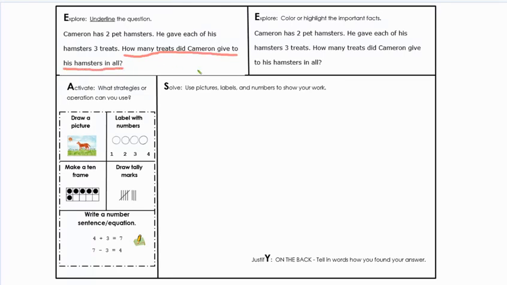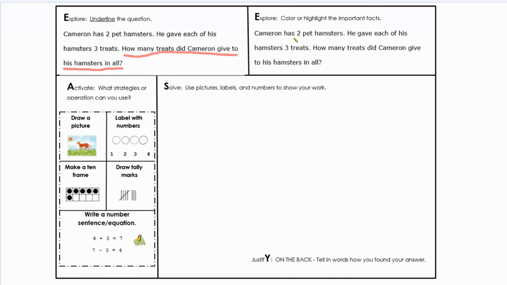Okay, now the second part is finding the important facts. So in math, I know that numbers are very important, okay? So I'm going to underline the numbers, okay? What numbers do you see in this problem?